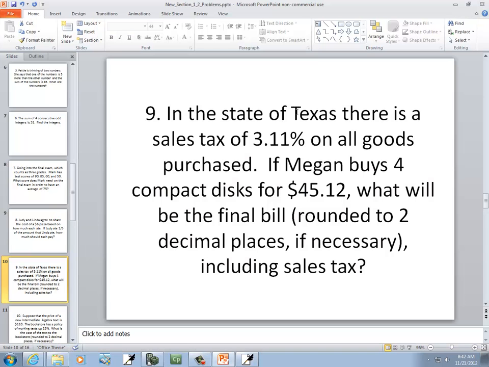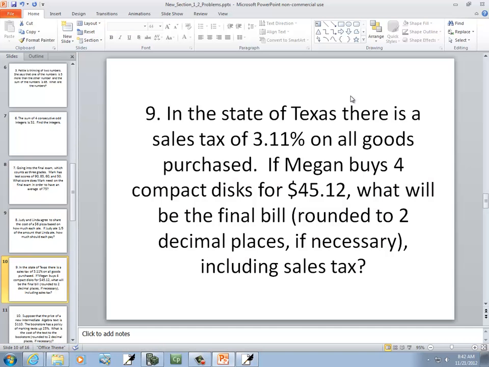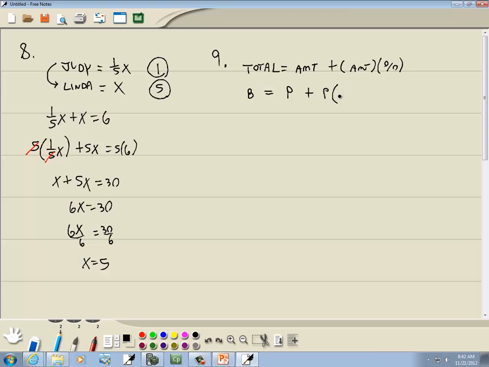And then buys 4, so our cost, the price, let's say price. So P for amount plus P times our tax rate.